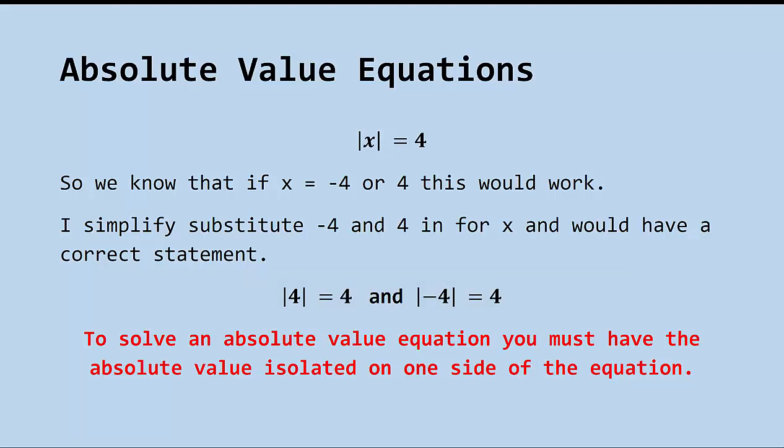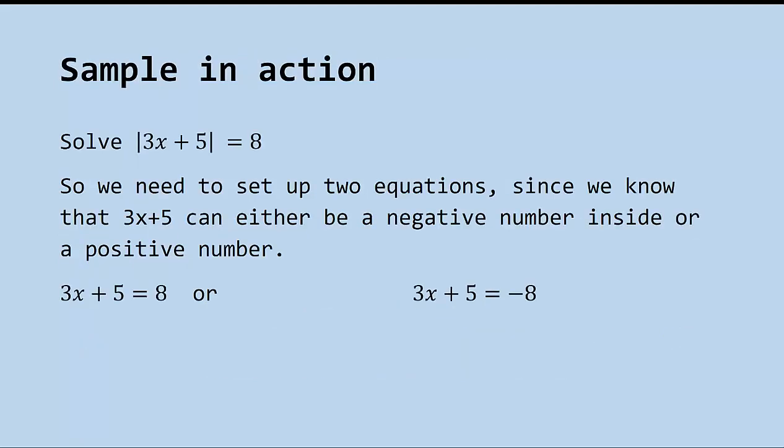Now to solve an absolute value equation, you must have the absolute value isolated on one side of the equation in order for this to work. So we're going to take a look at this in action. Here is an absolute value equation. The absolute value of 3x plus 5 is equal to 8. So to do this, we need to set up two equations. Since we know that 3x plus 5 as an expression can either be a negative number inside or a positive number.